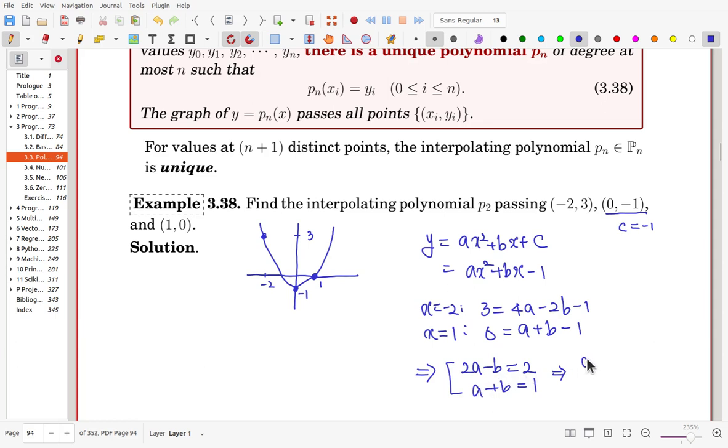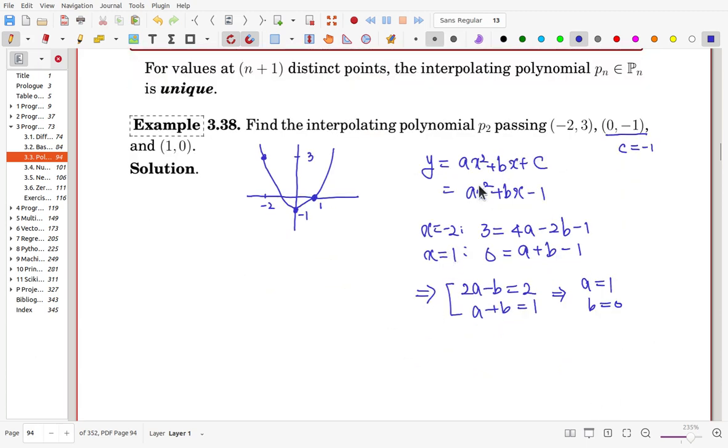So a is 1, b is 0, c is minus 1. So here, P2 of x is x squared, with no linear term, minus 1. That's the final answer.